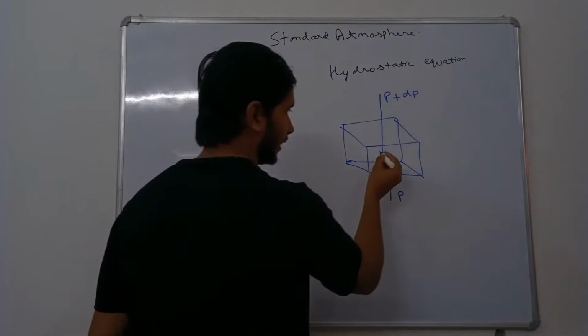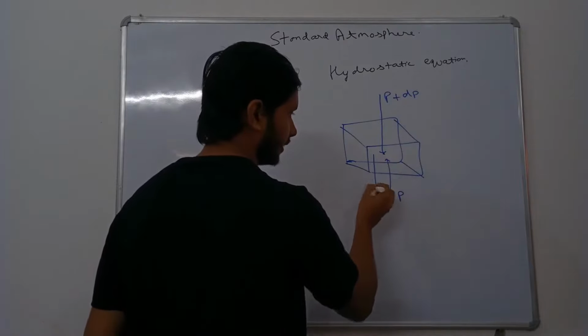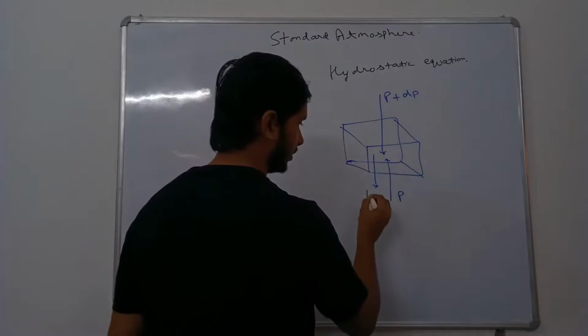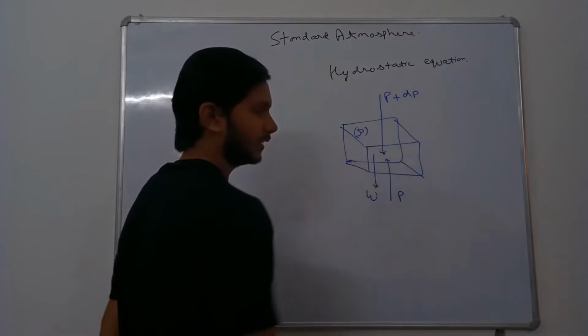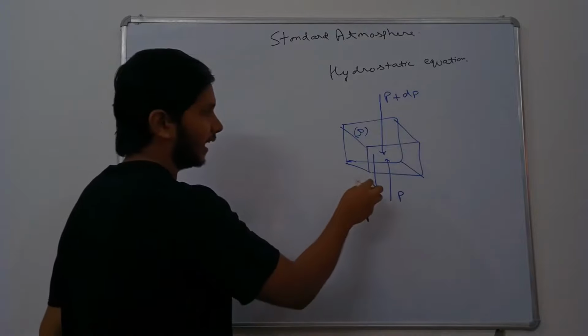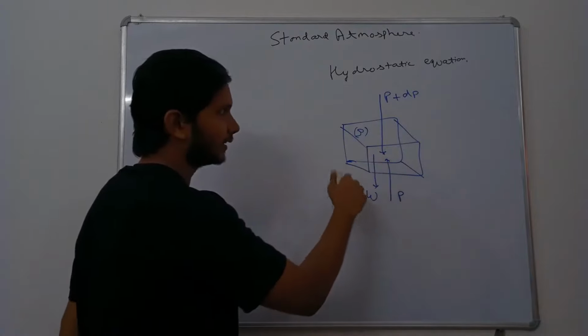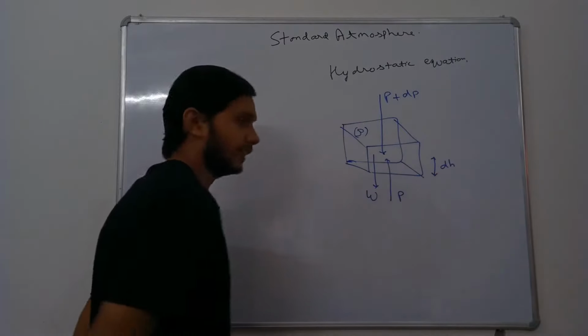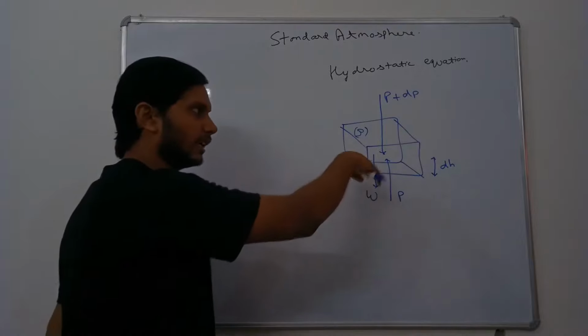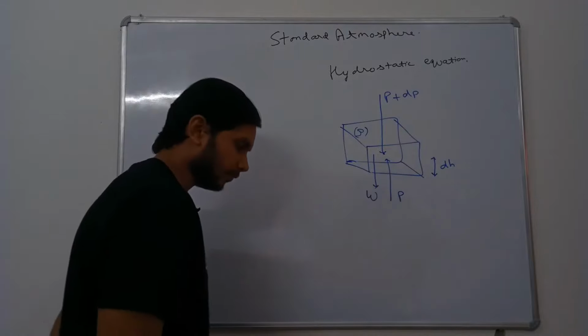At the same point the weight is also acting. Suppose the density is rho, and the height at which we are calculating the pressure is dH.